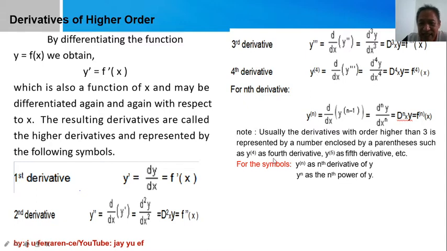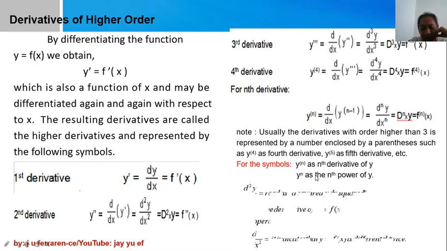Such as y with a 4 in parentheses: this is not a power of y, but the fourth derivative of your function, and likewise the fifth derivative. The symbol where n is placed inside a parenthesis denotes an nth derivative of y. Putting y with just a power n can be understood as an ordinary exponent, read as y raised to the n power.